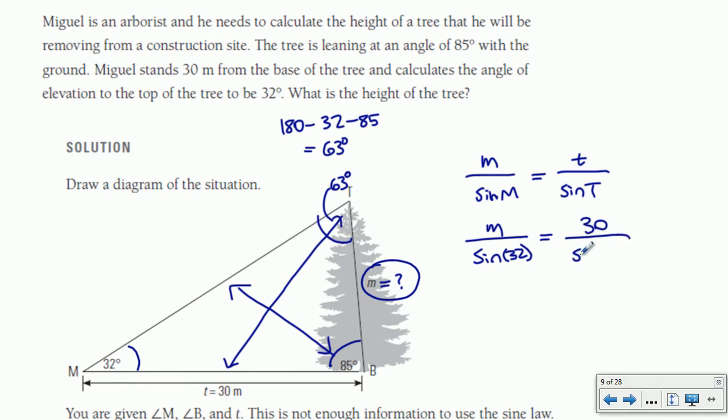And we know angle T is 63. So now we can multiply both sides by sine of 32. So we would have 30 sine of 32 divided by sine of 63. So do this multiplication on the top, 30 times sine 32, then divide by sine of 63, and we get M is 17.8.